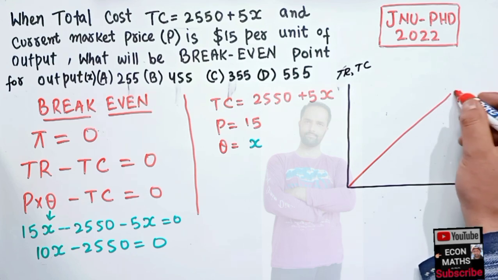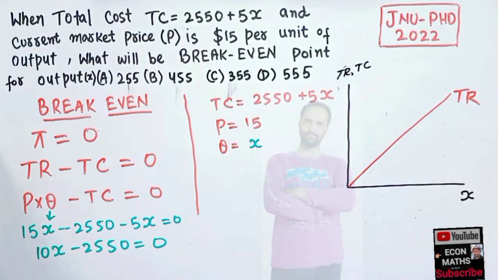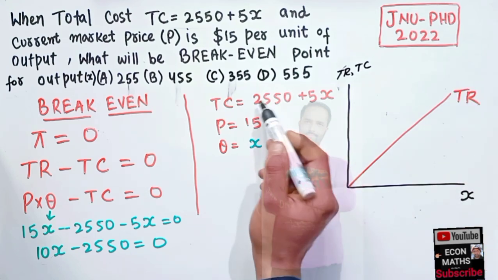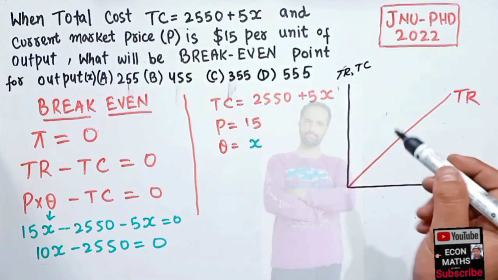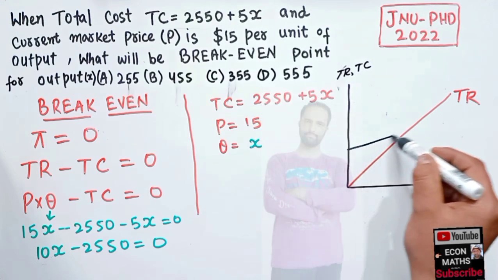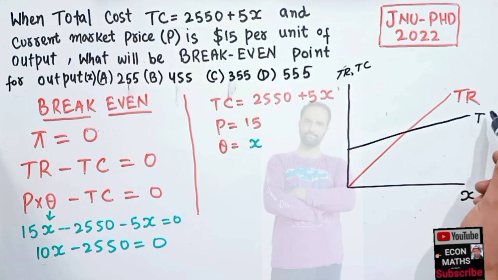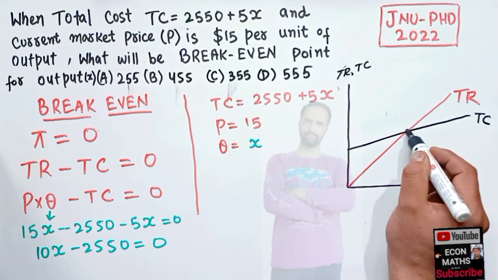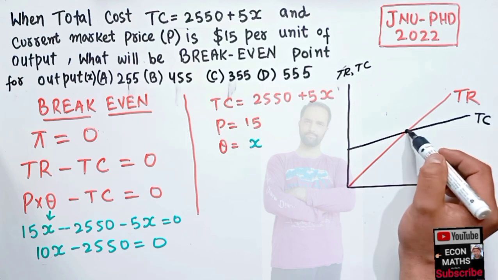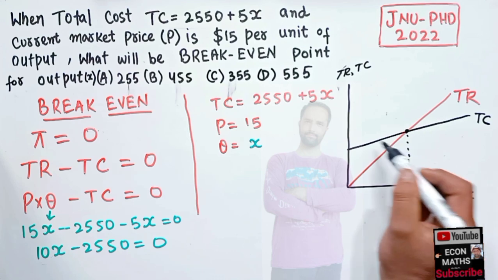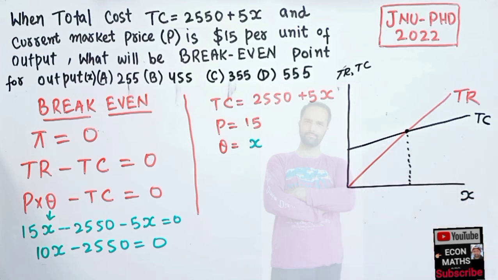This is our total revenue function, which goes through the origin, and the total cost function has a positive slope. The break-even point will be where total revenue is equal to total cost, at the intersection of the total revenue and total cost functions.